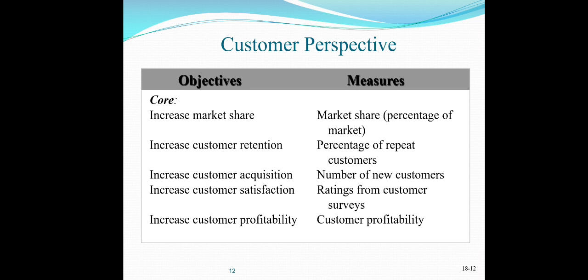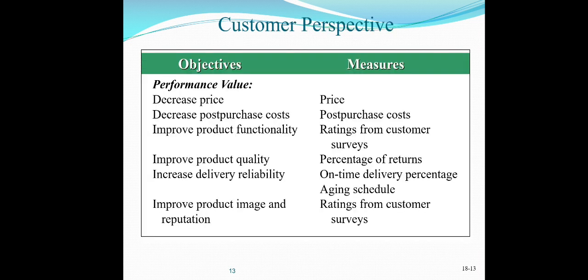So how to measure customer satisfaction? Ratings from customer survey. Customer retention: the measure is the percentage of repeat customers. There are more, but satisfaction, retention, and also acquisition, I think, are the three most frequently used objectives for the customer perspective.